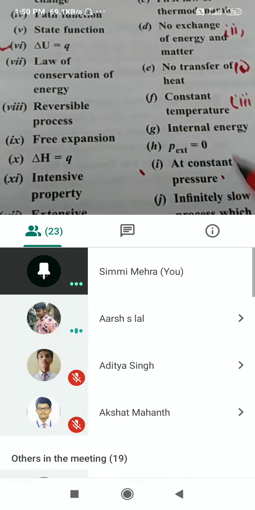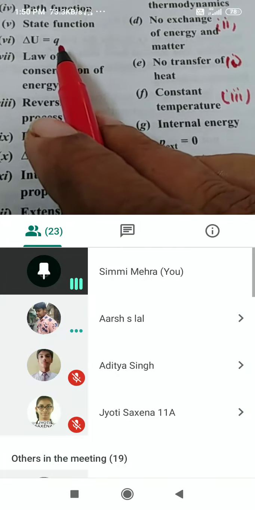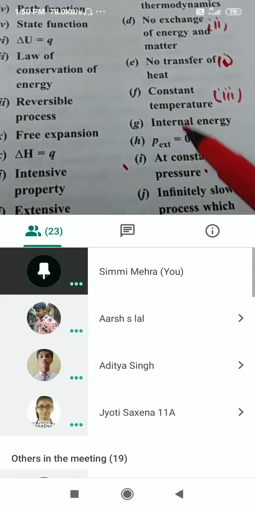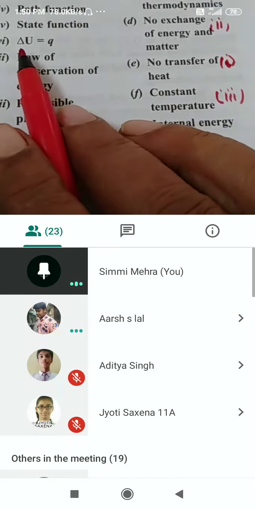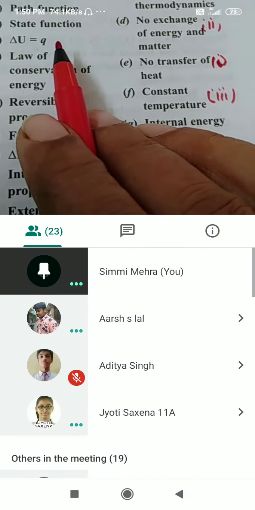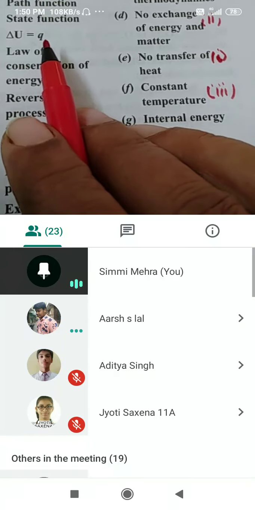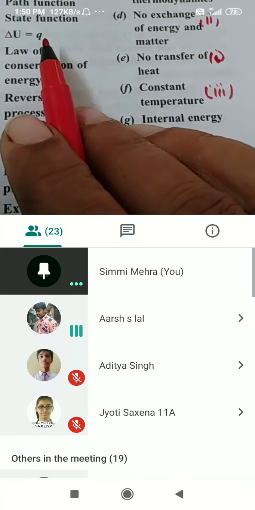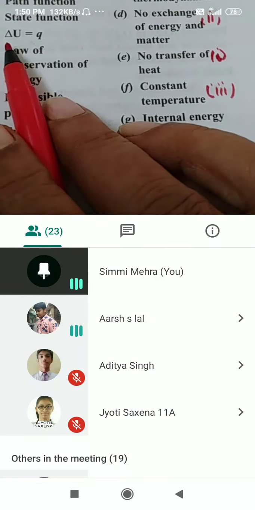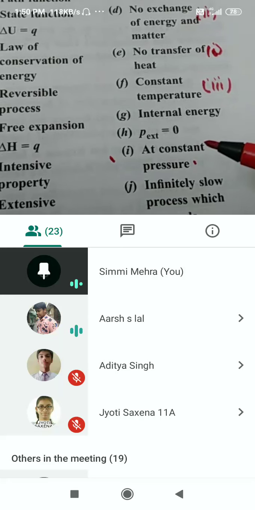This delta U is equal to Q. I had told you. What is delta H equal to, QP or QV? Right. Delta U is equal to QV and delta H is equal to QP, constant pressure.